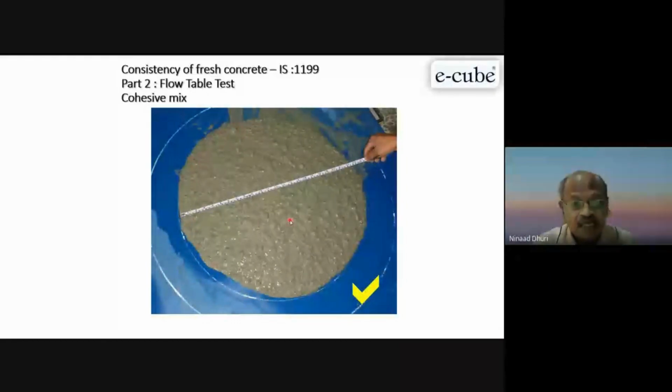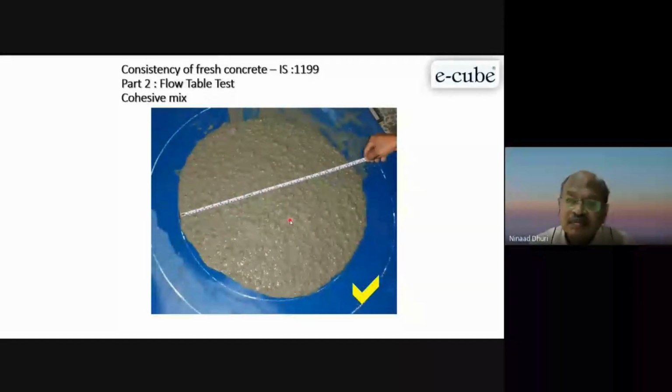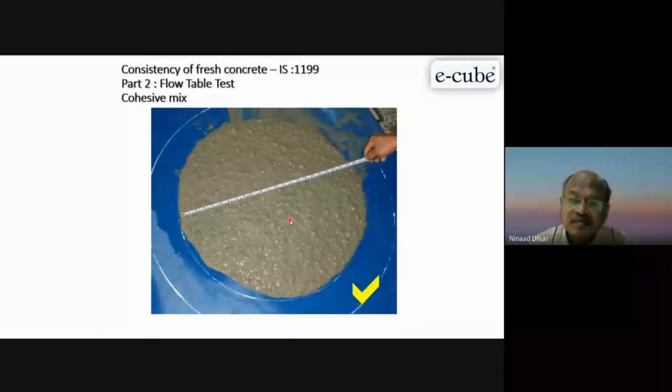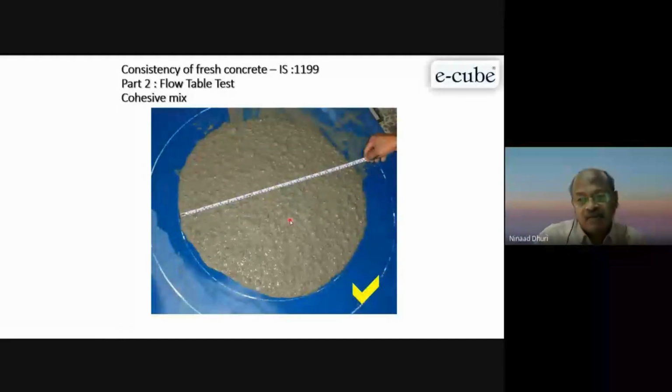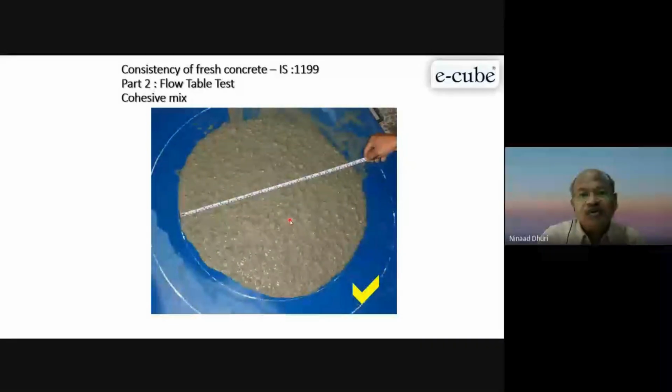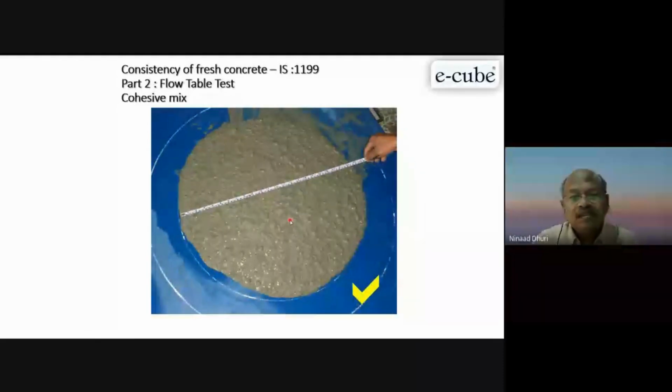So you need at least 3.5 hours of working time without segregation. That is the skill: how to design a concrete having flow retention of up to 3 or 4 hours. Over 2.5 hours goes only for transit time, that is, travel time. Once you receive it, you get this flow, but there shouldn't be a sudden drop in the flow. It should remain for at least 30 to 45 minutes to pump the concrete.